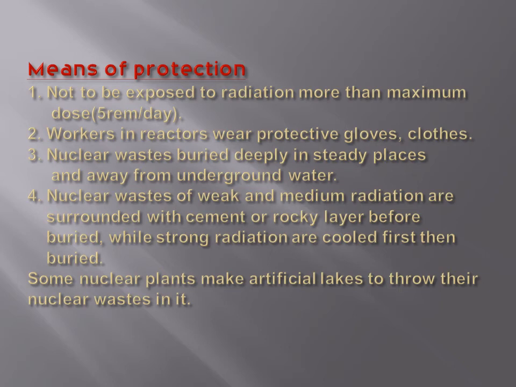We have three types of nuclear wastes: weak, medium, and strong. Weak, medium, or strong depends mainly on the heat. Weak and medium wastes don't emit as much heat as the strong one, so they are just surrounded with a cement or rocky layer before being buried deep under the earth, while the strong ones are cooled first, then buried.